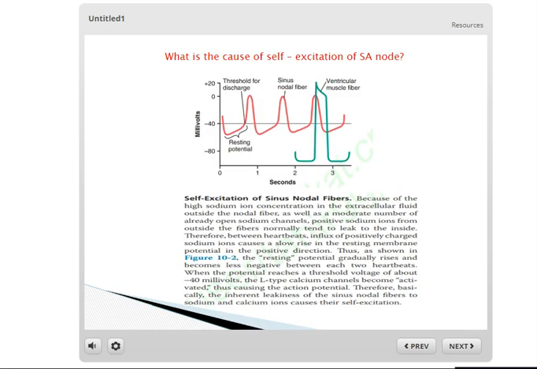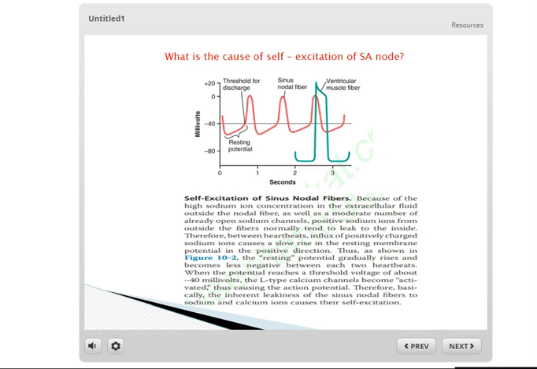The SA node is the heart's natural pacemaker and has the self-excitation feature. The funny current and resting membrane potential near the threshold in the sinoatrial node are important aspects of the pacemaker activity of this node.